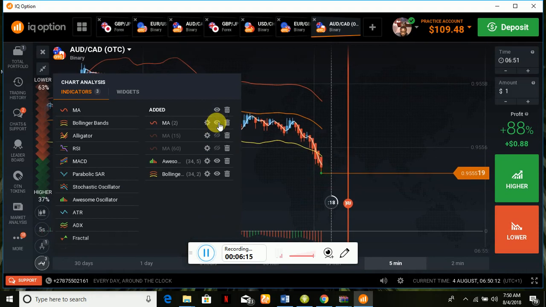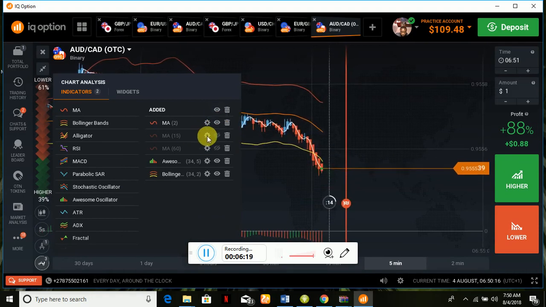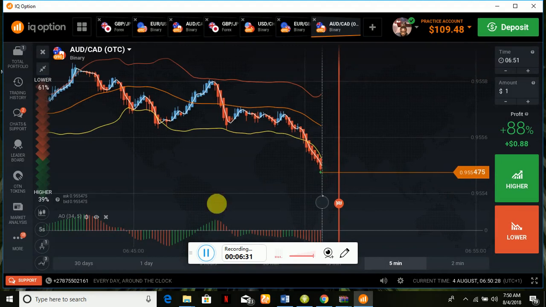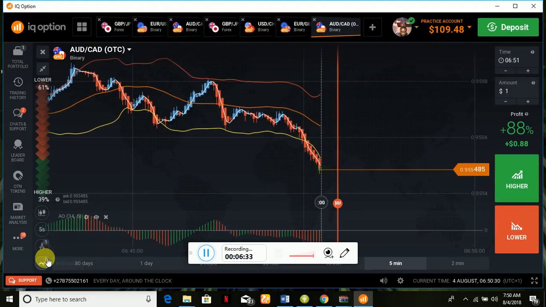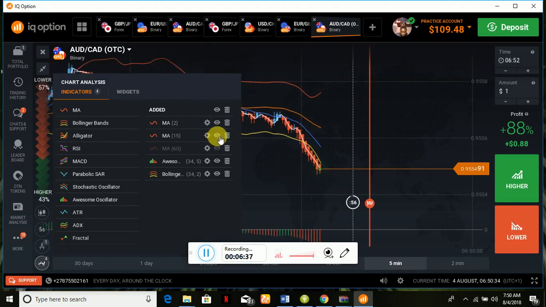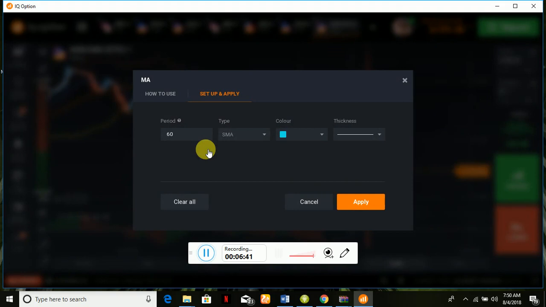Sorry, I forgot to show, then you place show, since I've shown you how it's done. Then you'll go to settings on your 15 EMA, exponential moving average. Your period should be 15, color blue. Then you apply. Let's show that as well. Then you go to moving average 60, settings.